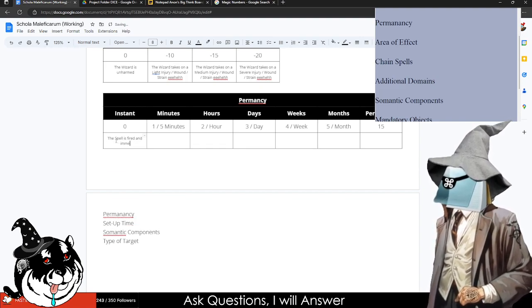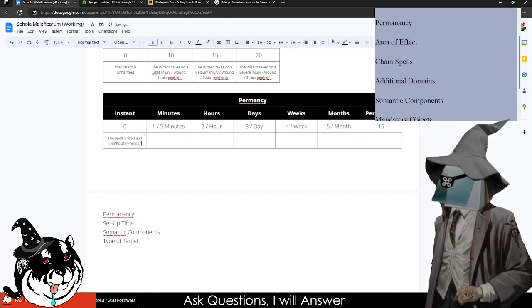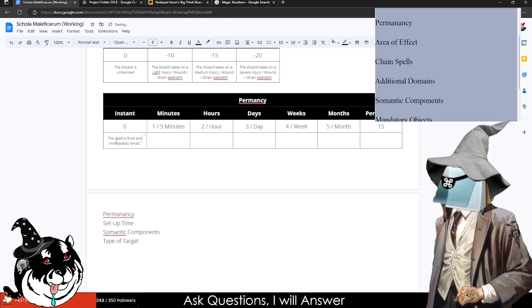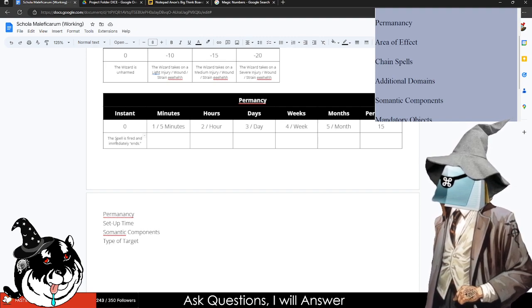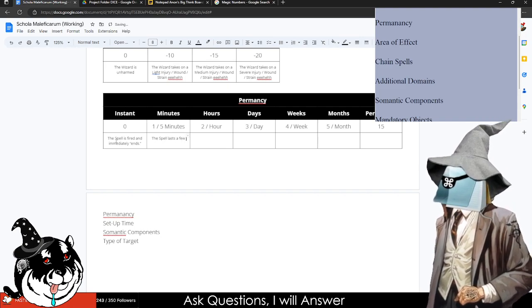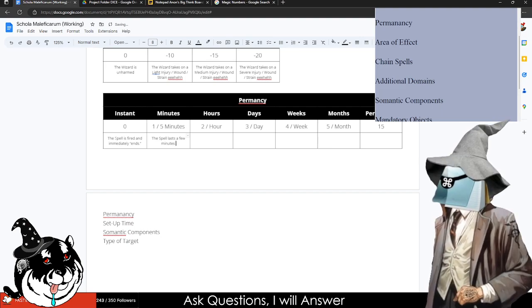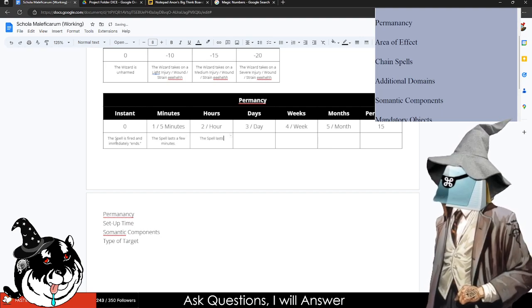The spell's fired and immediately you transform something, it's transformed, you don't have to worry about it again. But if you wanted to continue transforming, then the spell lasts a few minutes. Spell lasts a few hours. Spell lasts a few days.